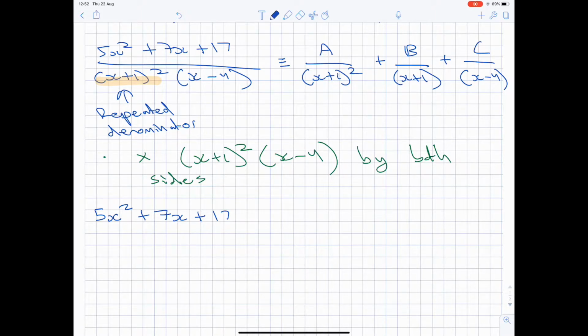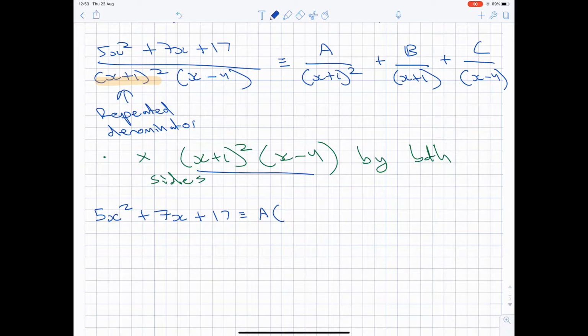We're gonna still keep with this identity symbol. And now this is important. This next part is very important. So when you times it by this whole expression here, x plus 1 squared will cancel, which will leave x minus 4.